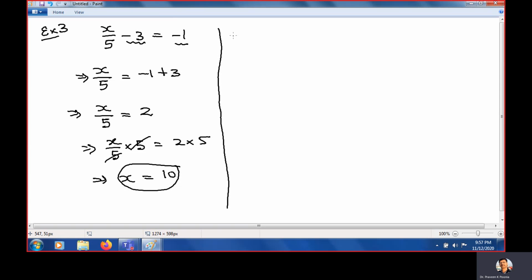Okay. Now example number 4. It is 1 upon 5 x minus 3 equals minus 4. This is clear. Now there are two things, because here 5 is given outside the bracket. So you can remove this 5. How can you remove this 5?